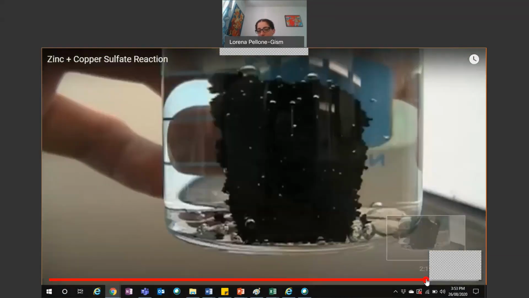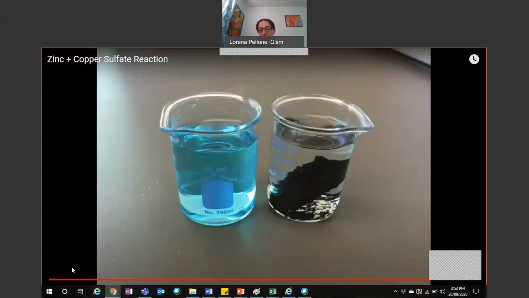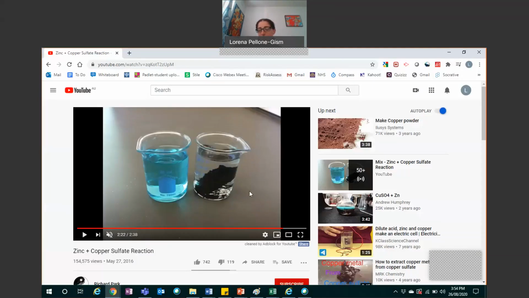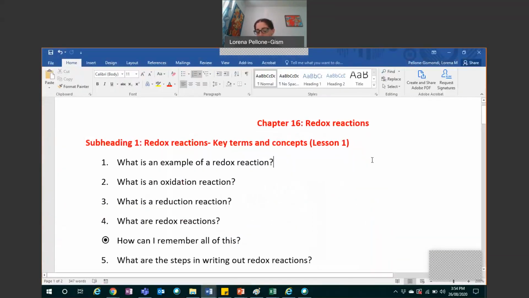I'm just skipping forward, but that's actually pure copper, okay? And you can see that the color of the solution is not blue anymore, and the blue is really the copper 2+. So this is an example of a redox reaction, so oxidation is occurring in there that doesn't involve oxygen.